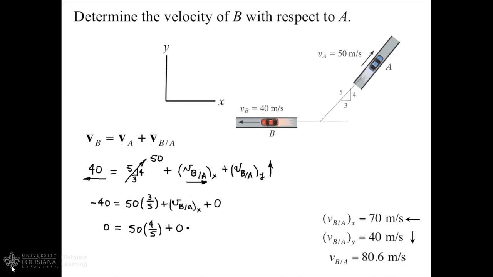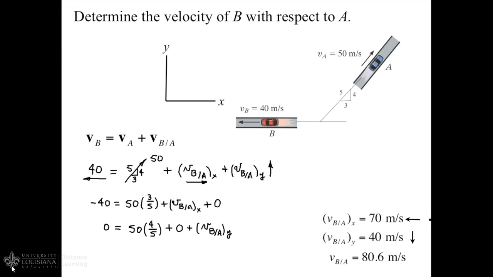And finally, I have my last term, which, of course, is v of B with respect to A in the y direction. There we go. Now, if I solve this equation, I get the result of v of B with respect to A in the y direction equaling minus 40. In other words, the component goes downward.